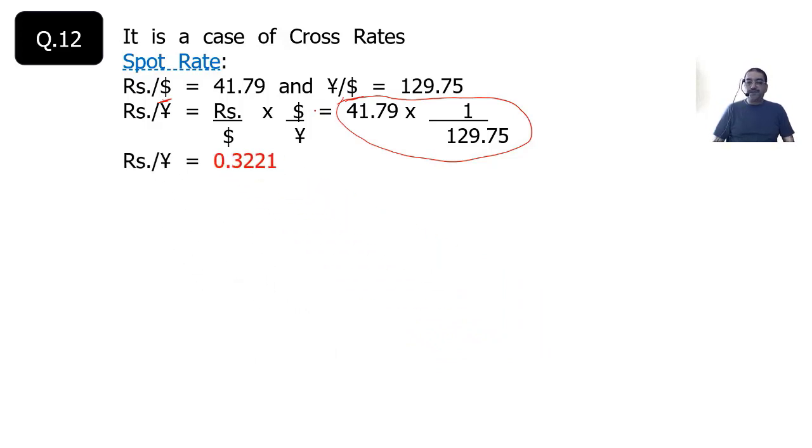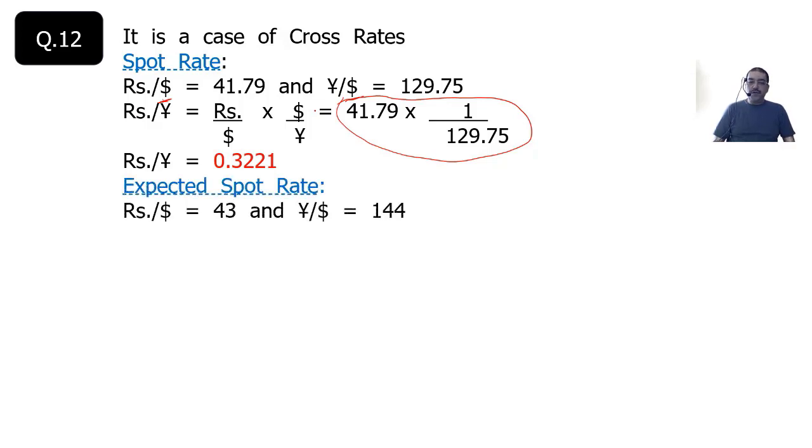That is the spot rate. Then I calculate expected spot rate. Given to me rupees to dollar 43, yen to dollar 144. Again, 43 into 1 upon 144. So that comes to 0.2986.